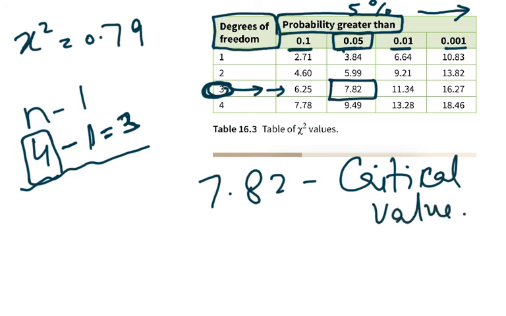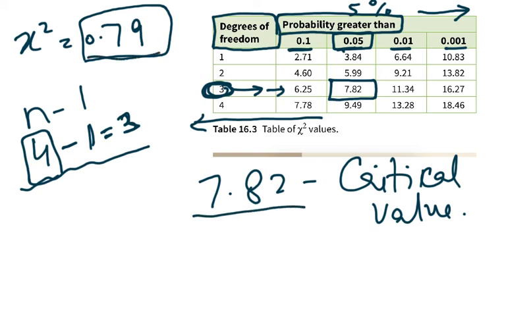Now if your value is less than this, now your value is definitely less than this, so it is probably this side. This side means it is more than 0.1. So it is probably more than 0.1, right? So if your value is less, 7.82 is the critical value, but your value is 0.79, so it is less.